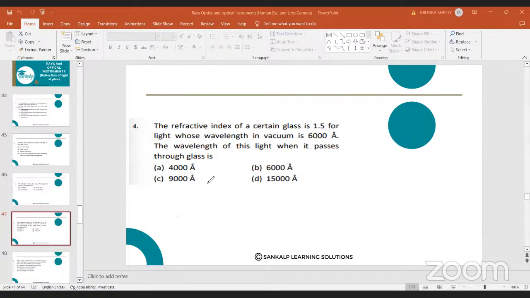Here it is given by lambda divided by n. So what is lambda here? Lambda value is 6000. So 6000 divided by n, that is refractive index. 4000, correct. So option A is correct here.